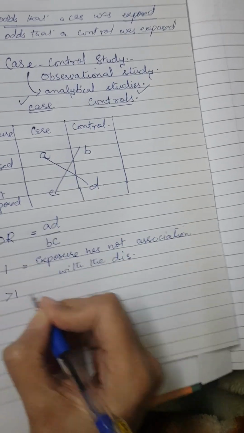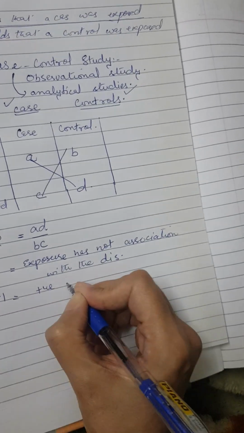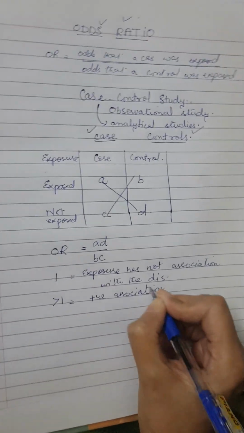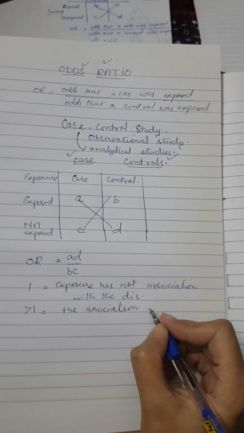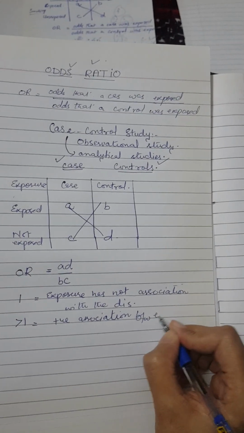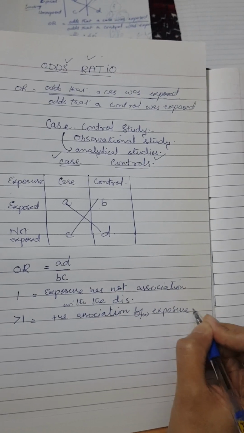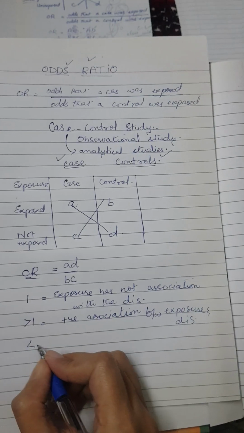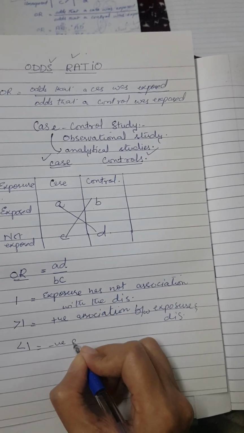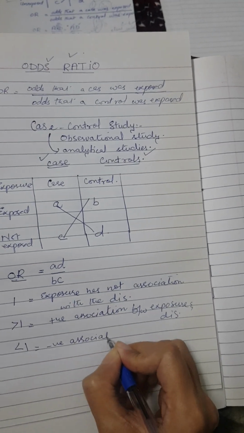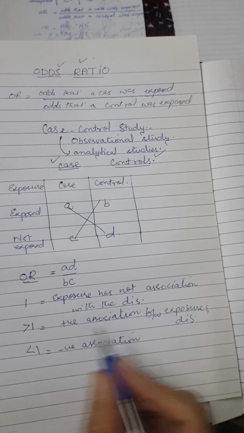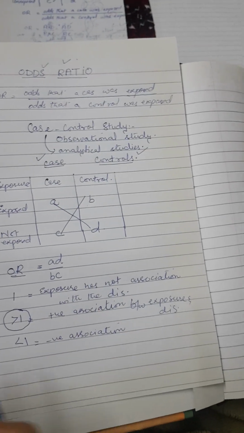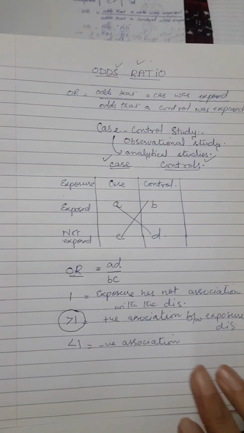If it is more than 1, there is a positive association between exposure and disease. And if the value of odds ratio is less than 1, that means there is negative association between the exposure and the disease. The more the odds ratio is away from 1, the stronger the association between the exposure and the disease.